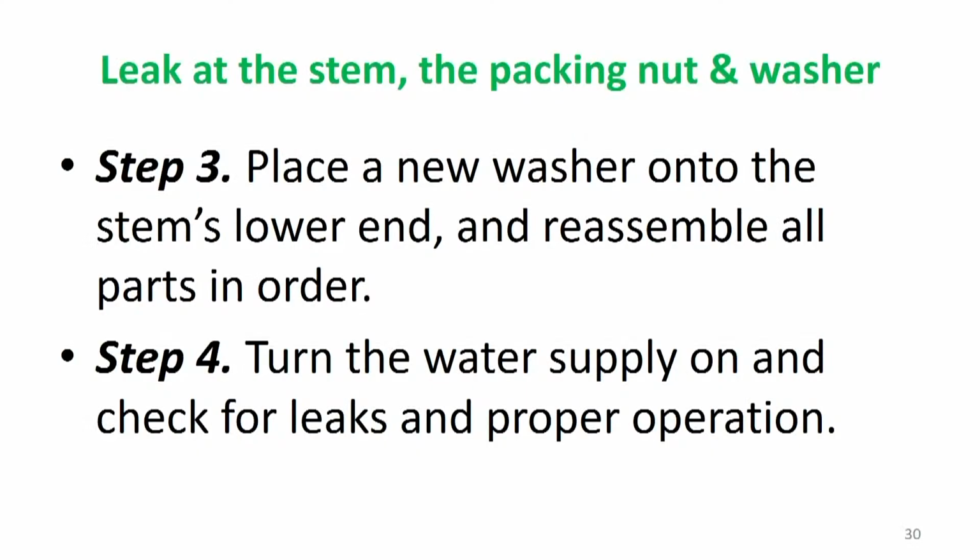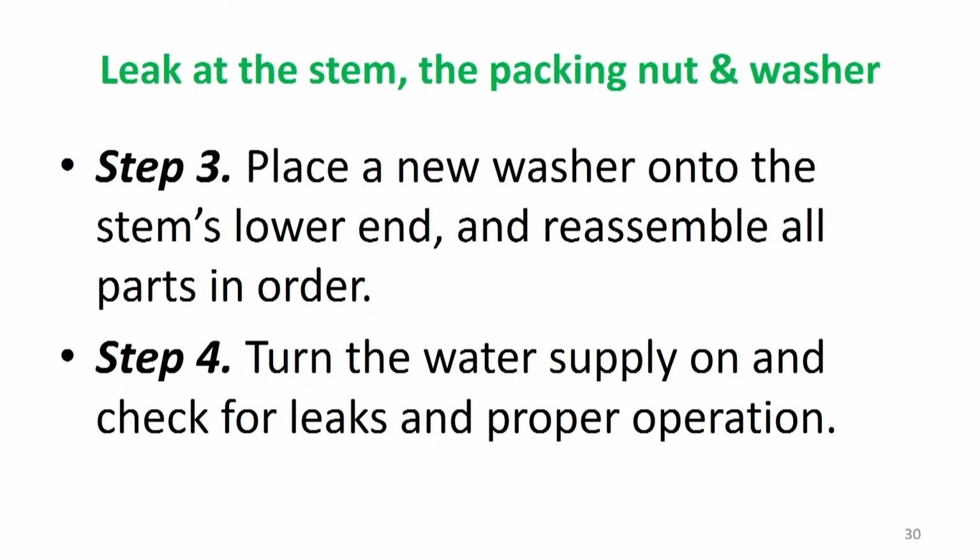Remove the packing nut with a wrench, a master wrench is available, and remove the old packing material and the washer. Or in other words, we will replace it. Place a new washer on the stem lower and reassemble all the parts in order.